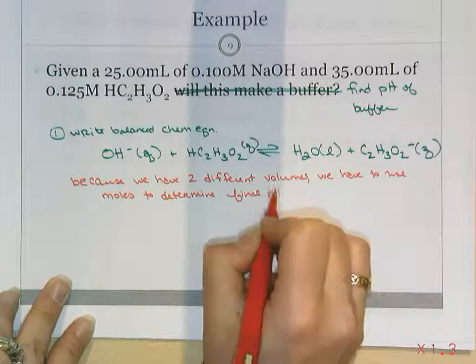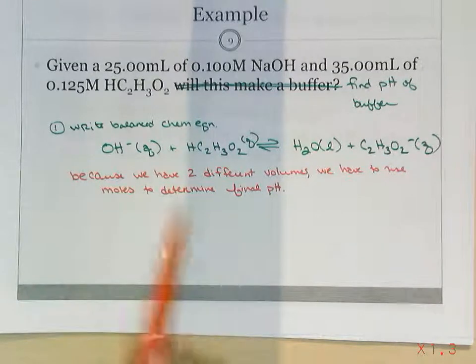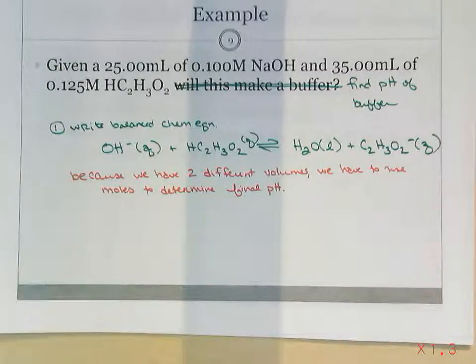In every problem up to this point, I've added 2 things together to one volume. Right, I've said I've had 0.1 molar and 0.2 molar all in the same container. Now I have added 25 mils of this and 35 mils of that. So I have to look at the moles rather than the volume, like molarity. So what we need to do, step 2 here.